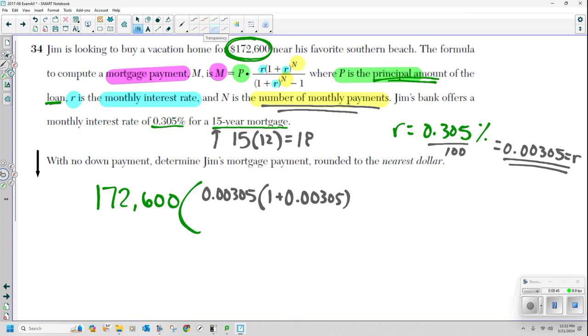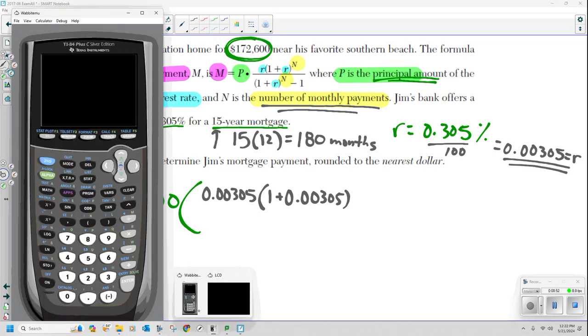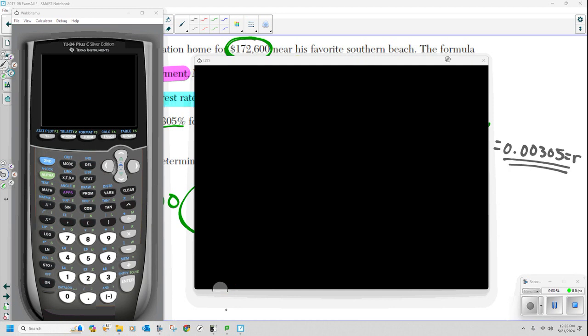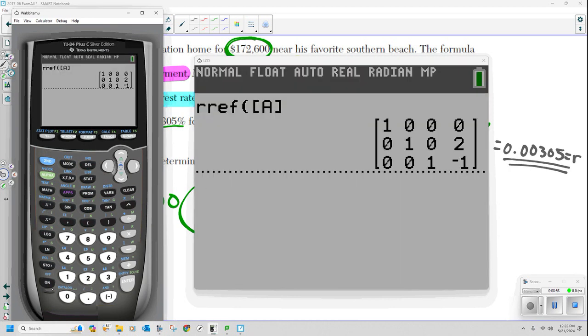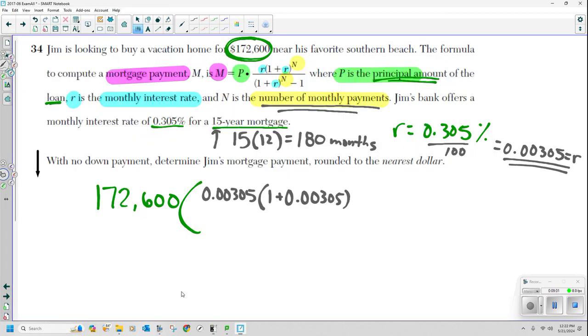Is it 180 months in 15 years? Let's check that with the calculator. 15 times 12, 180. It's 180 months. So my N is 180, and that's going to be up here.